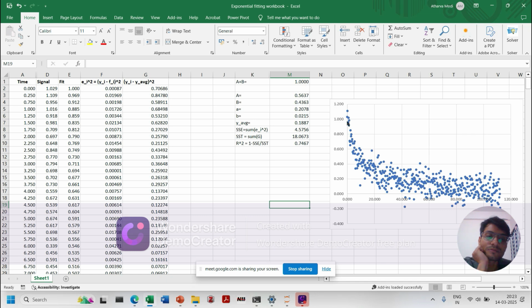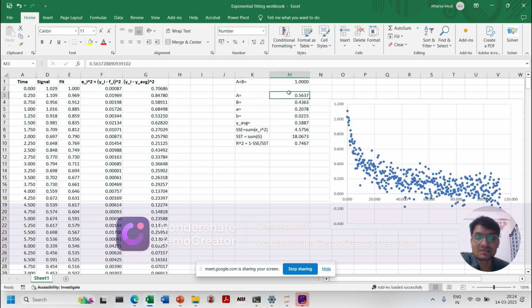This is kind of a double exponential signal. I have to fit a double exponential to it, where I have these four variables: capital A, capital B, small a, small b. Small a and small b are the time constants, basically tau 1 and tau 2, of the different exponentials.